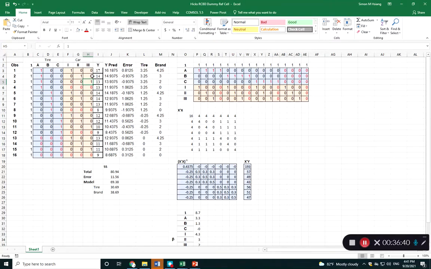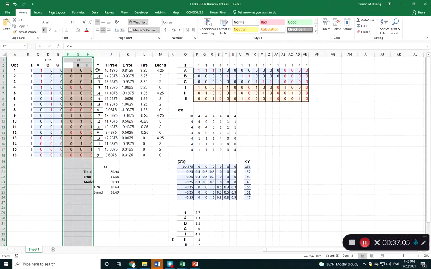So here is the basic trick. Okay? 4 tires. How many columns do I need to have? 3. Because I use up the 3 degrees of freedom. 4 cars I have. I should use 3 dummy variables.